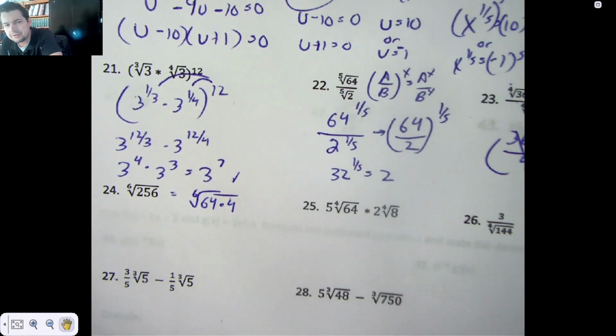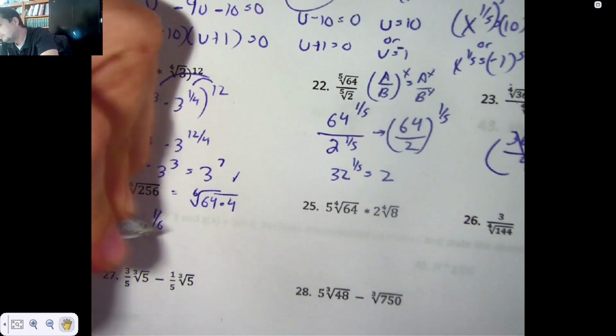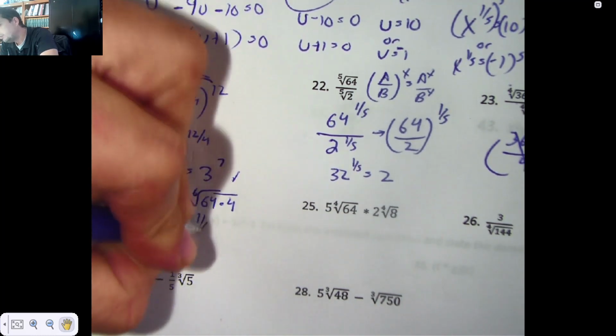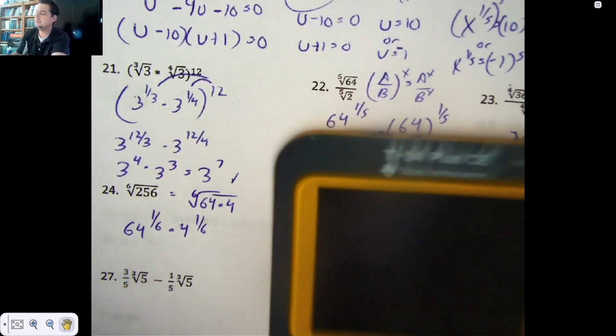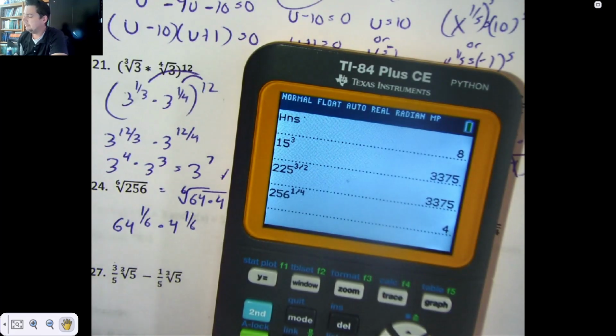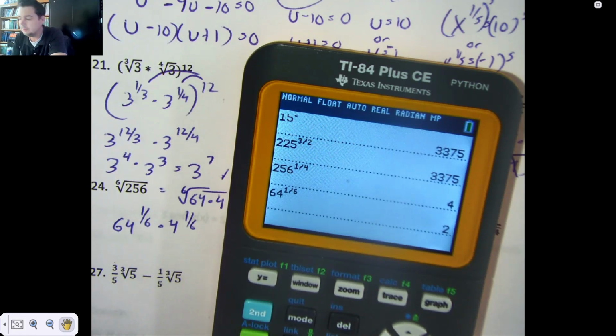Well, I did it because I happen to know what the 1/6 power, the 6th root, however you want to think about it, of 64 is. It happens to be 2. That's why I did it. And we'll check it with the TI-84 because God forbid I'm wrong. All right? It's 2.